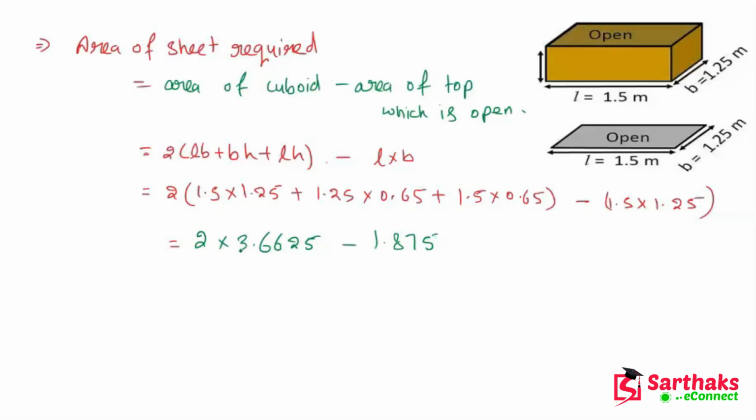Multiplying, we get 7.325 minus 1.875. After solving this, we get 5.45 meter square. So this is the area of sheet required. This is the answer of the first part.